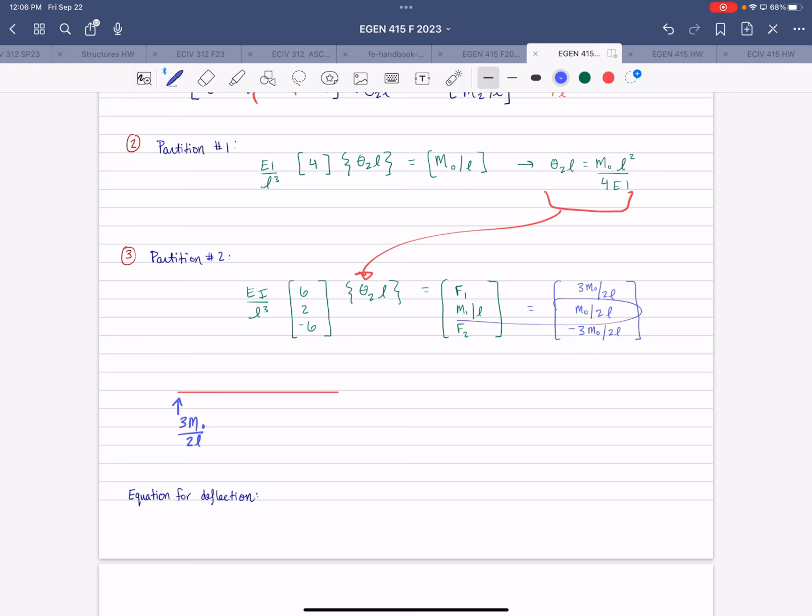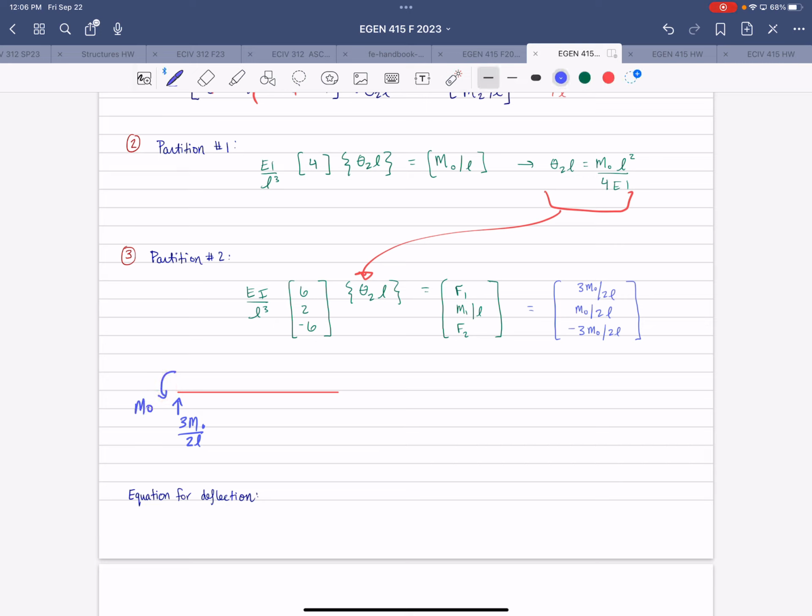M1 over L was given as M0 over 2L. At this point, we're going to take that L back to the other side, so we will have appropriate units attached to our moment. And since it was given as a positive result, we interpret that according to the finite element sign convention as counterclockwise.